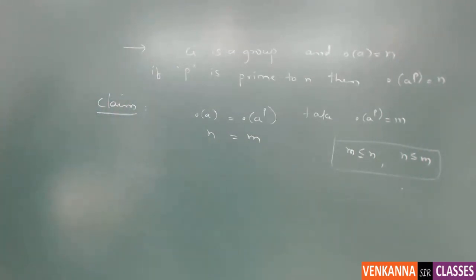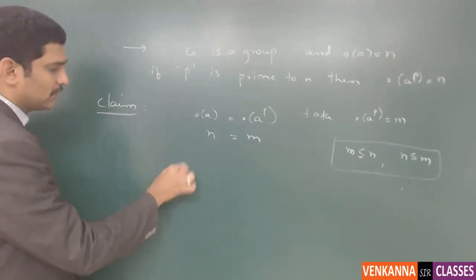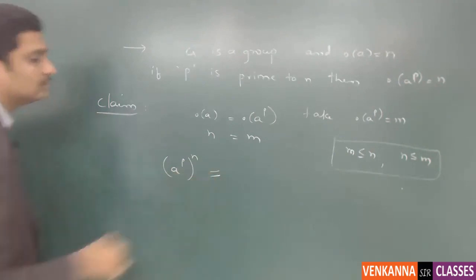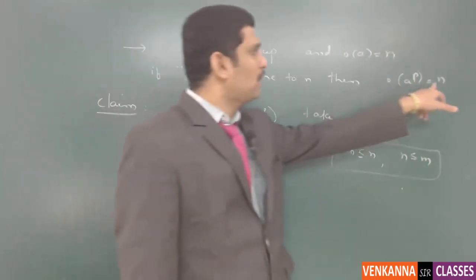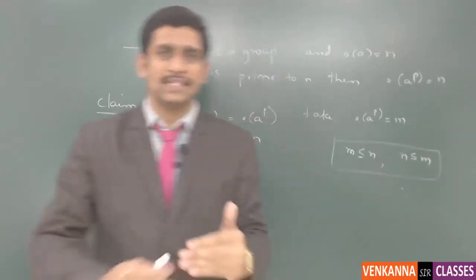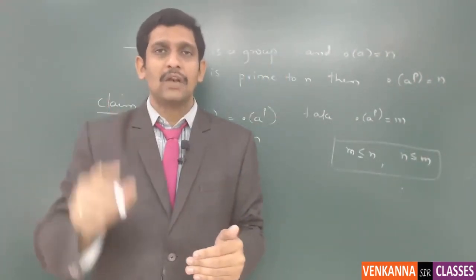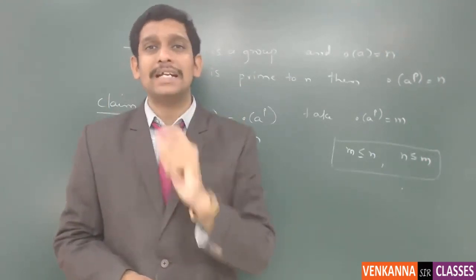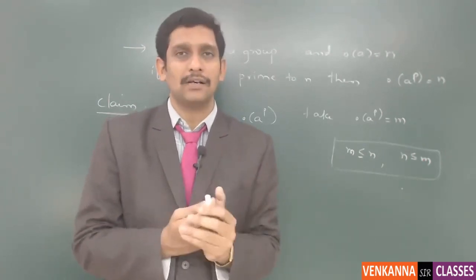So, first of all, I will consider A power P whole power n, because I have to show the order of A power P is equal to n. It means that if I consider the power n for the element A power P, I should get identity in the first place. Otherwise, I cannot decide the order.